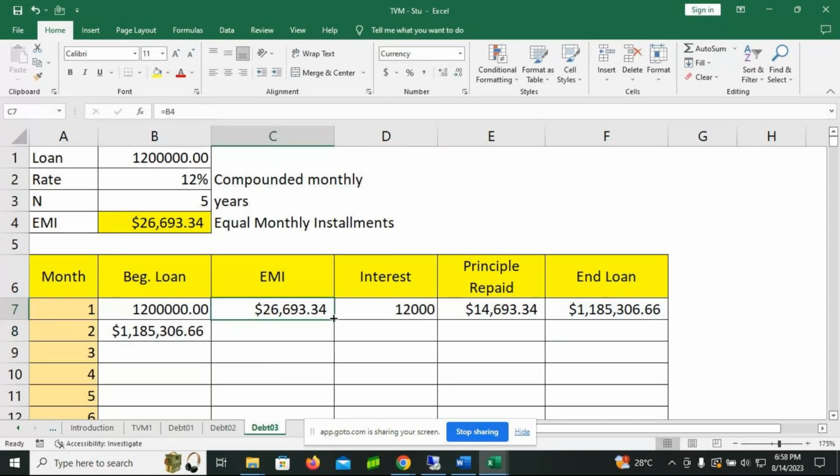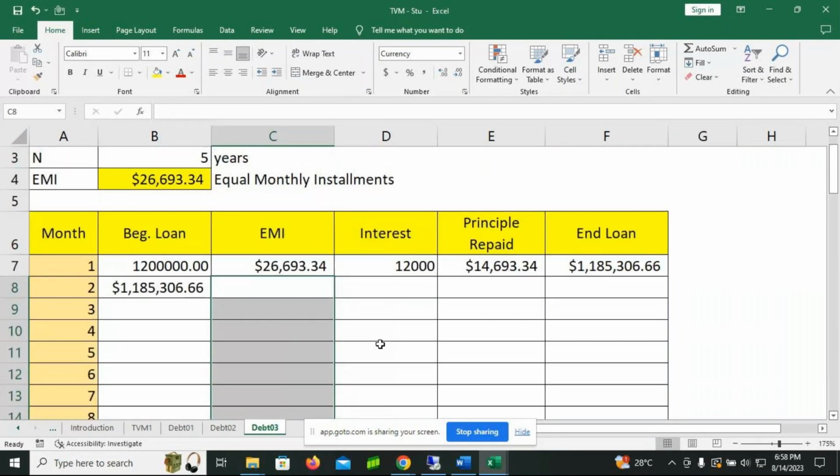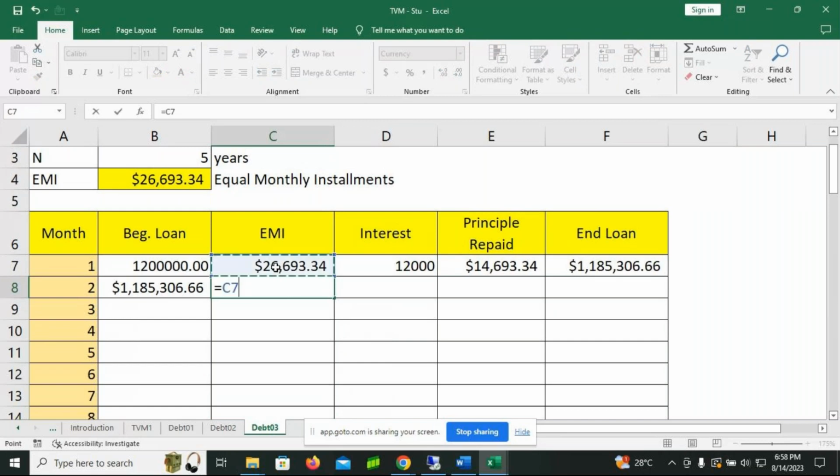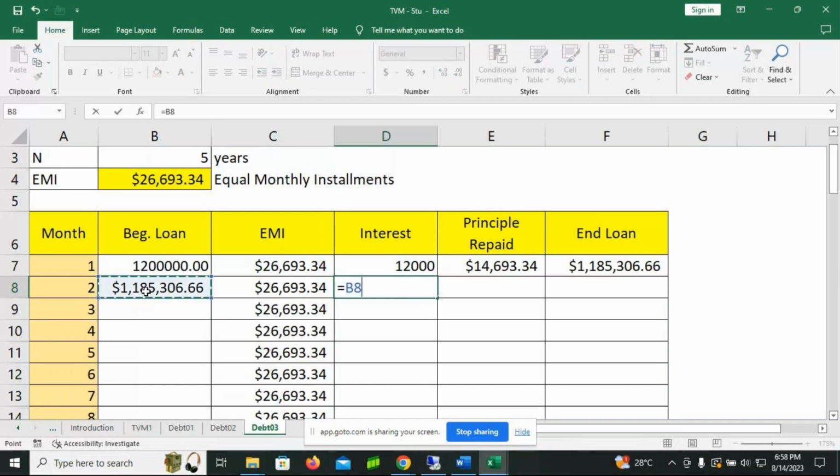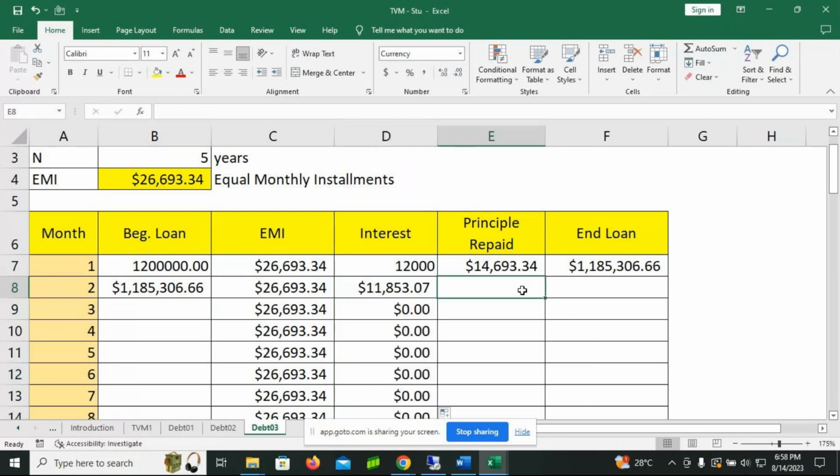So I'm going to do the fill series. I'll take my cursor here and double click, so that we should not get wrong answers. Interest is divided by 12. Principal repaid is EMI minus interest.